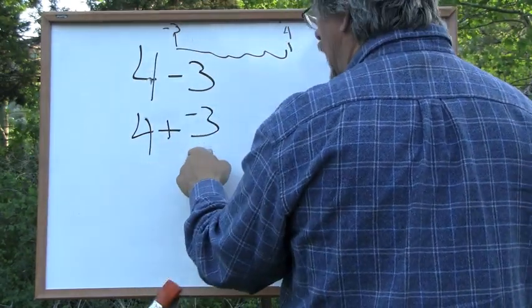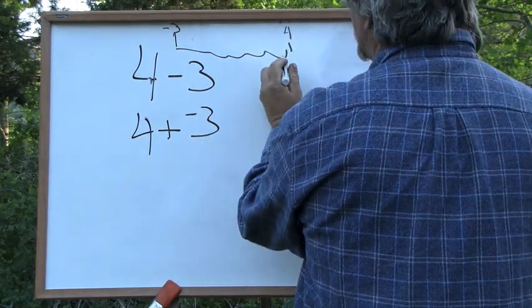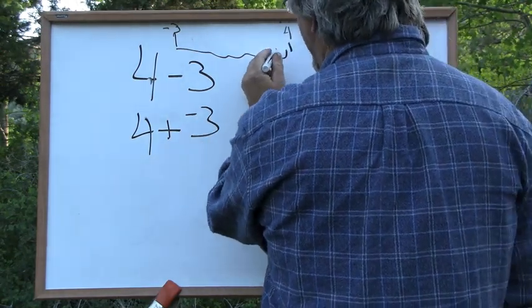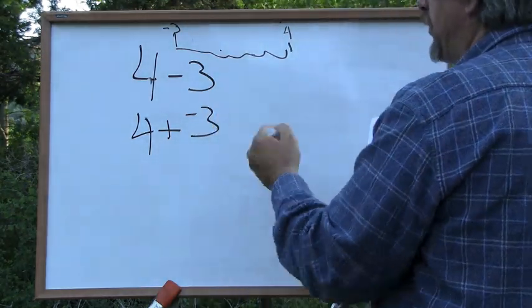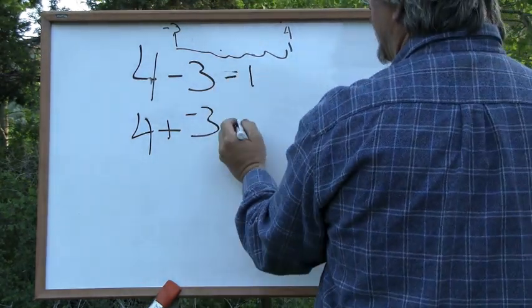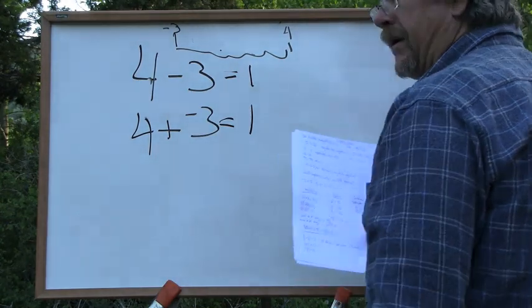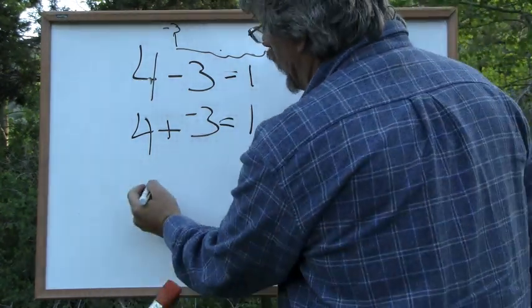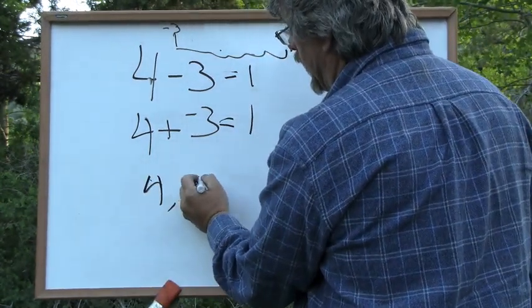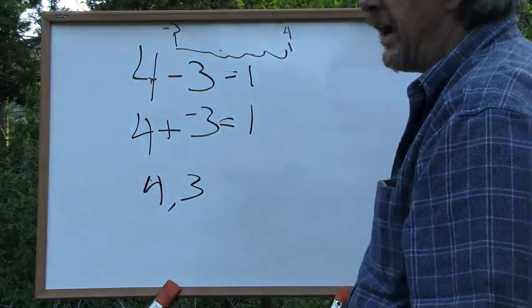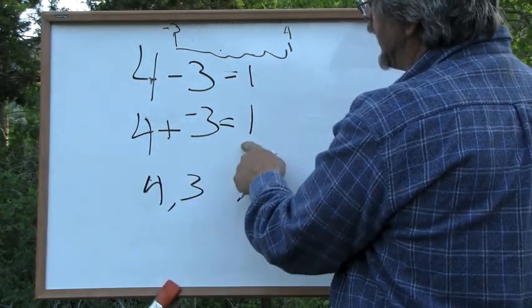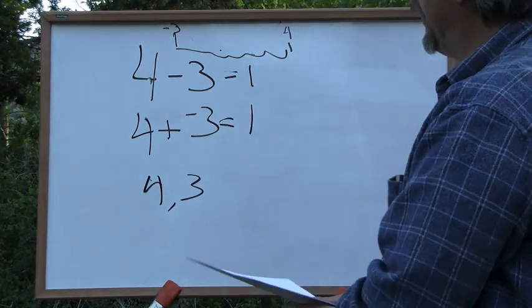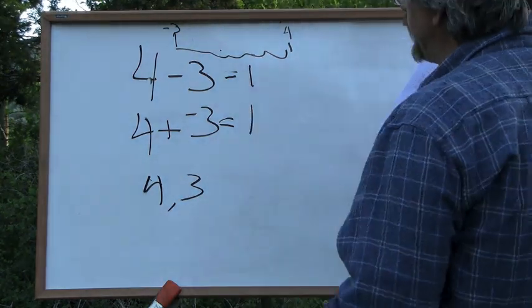With 4 plus negative 3, you start at 4, and you add negative 3 to get where you get. It's both the same thing. That equals 1, and that equals 1, because the absolute value between 4 and 3 is just 1. And since the positive is the larger number, 4, the answer is going to be positive. See, that's not too difficult to understand, is it?